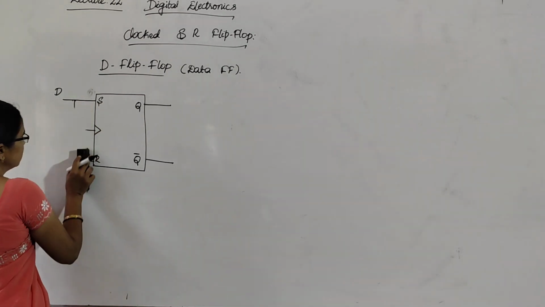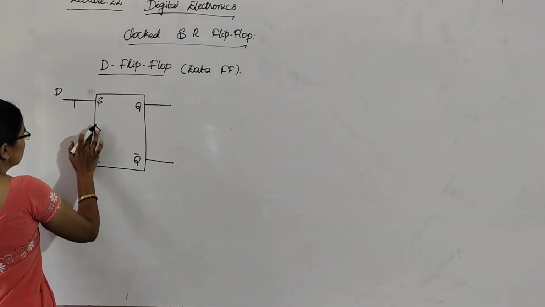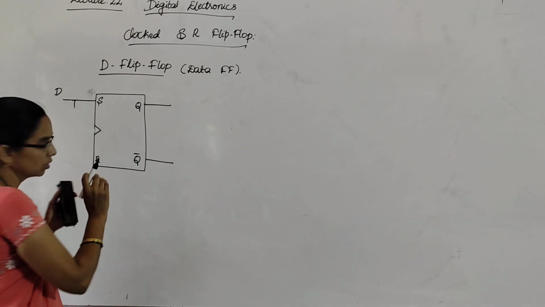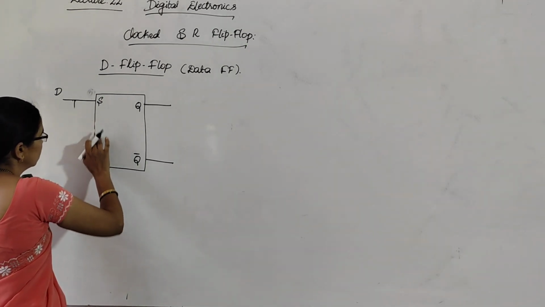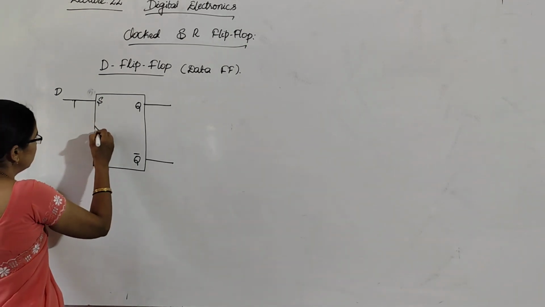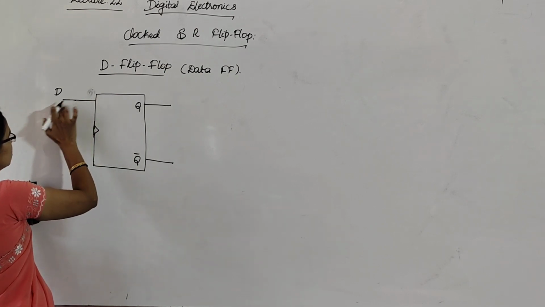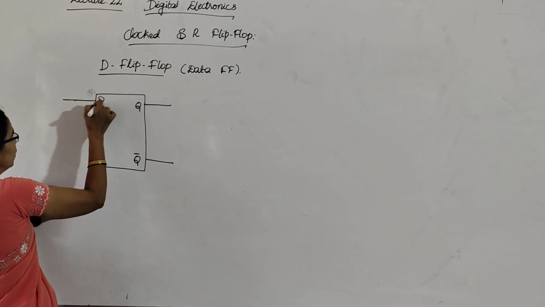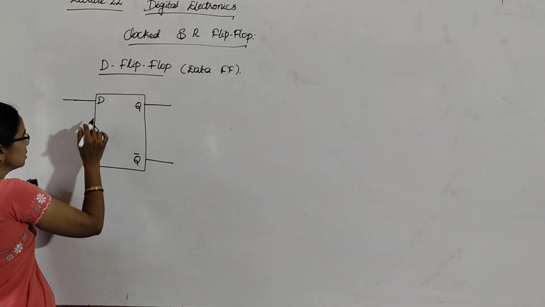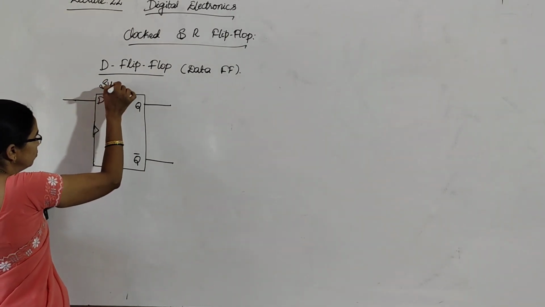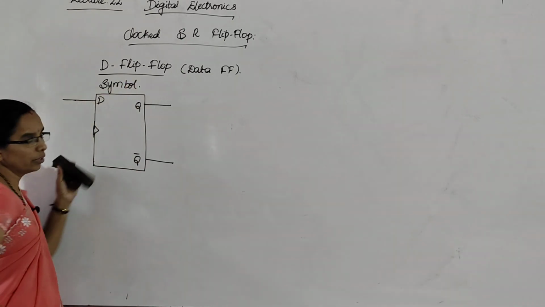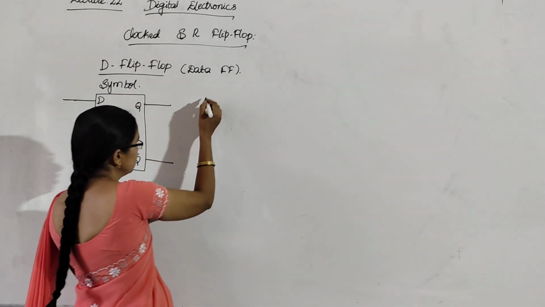I'll write this in the circuit. For the clocked D flip flop, there is no need to mention S and R here, just one input, that is D. This is the symbol of the D flip flop. How to convert this?